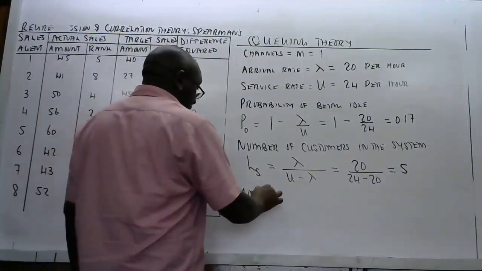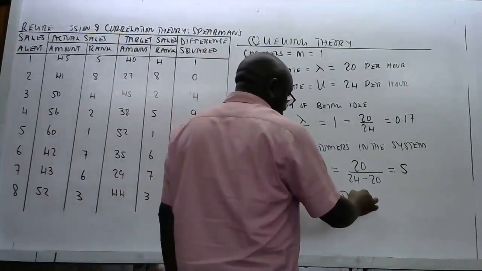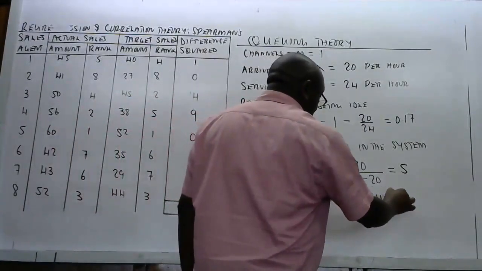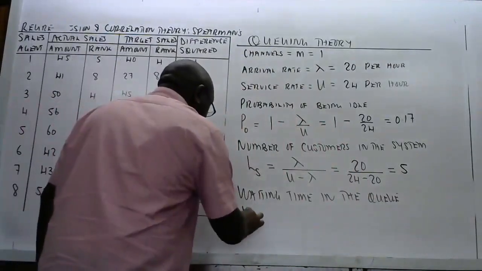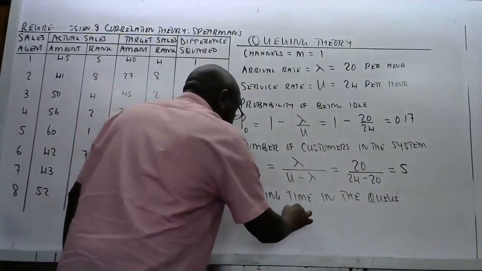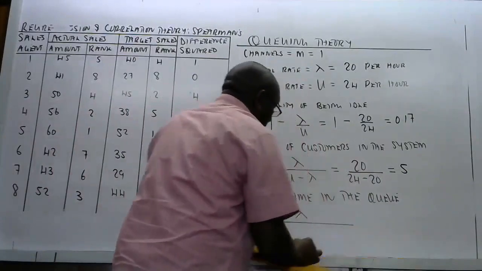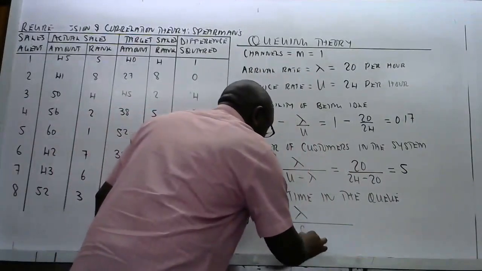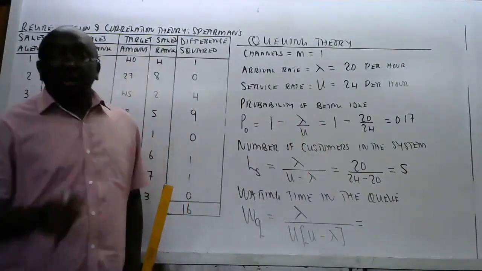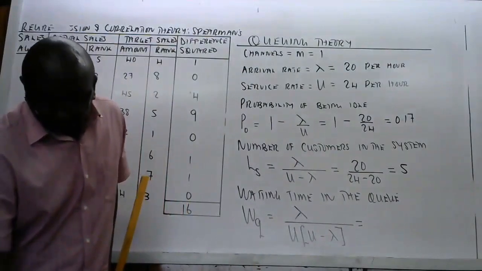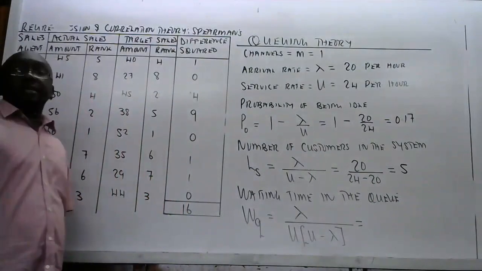And finally, the waiting time in the queue. That is the time you wait there in the queue before being served. This one I told you, we call it WQ, and it's computed as lambda over mu times bracket mu minus lambda. That is how you compute it.